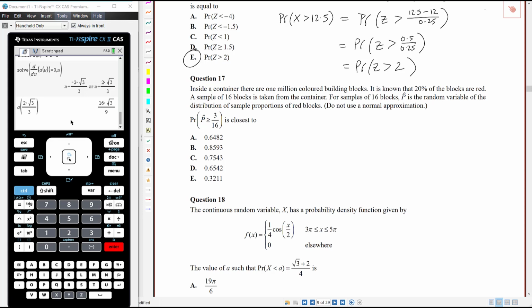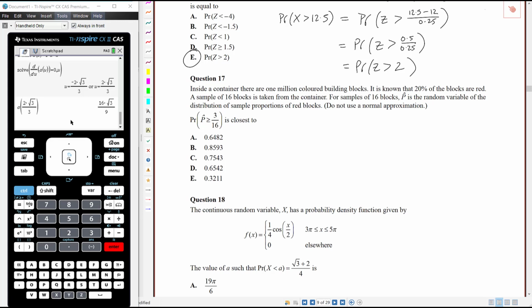It is known that 20%, so that's essentially saying there's lots of them. It's known that 20% of the blocks are red. A sample of 16 blocks. What that's about is that we can assume the probability won't change as blocks are selected. Technically, if you take out one red block, that will change the proportion of red blocks in the remaining 999,999 blocks.